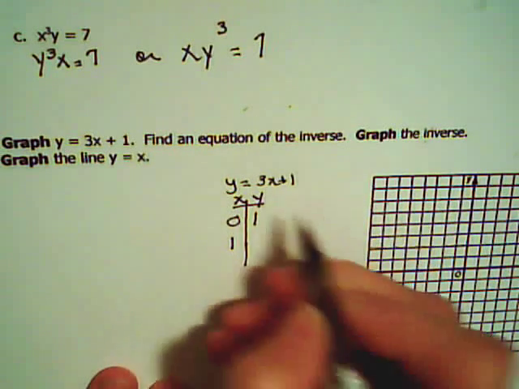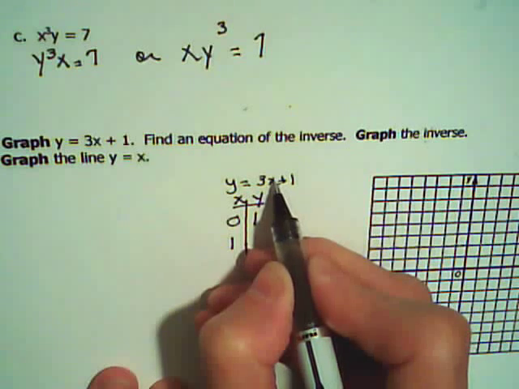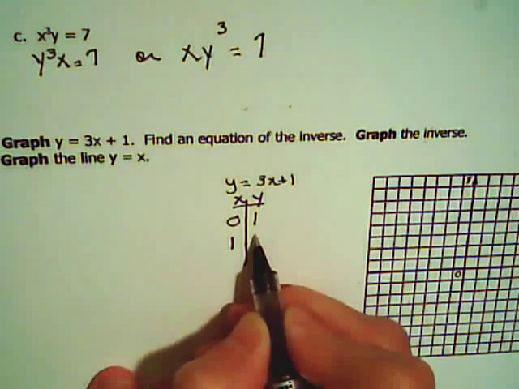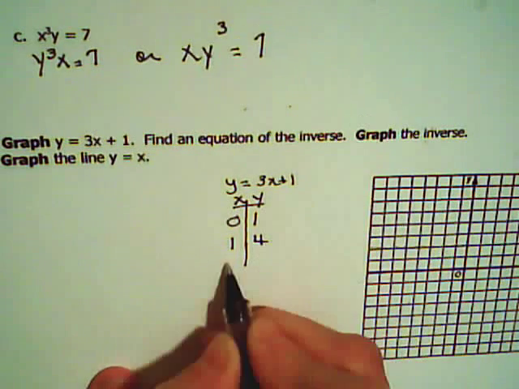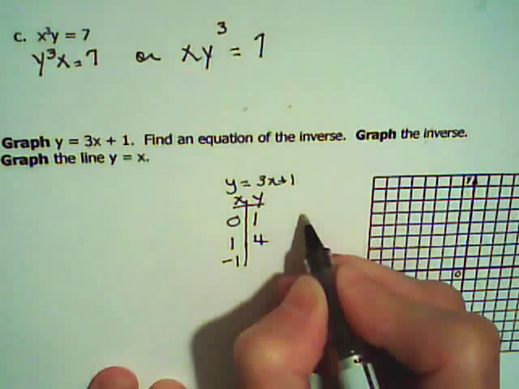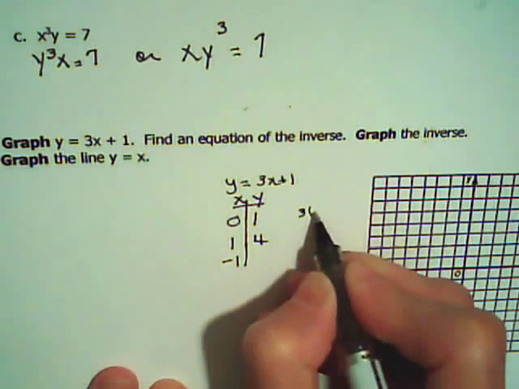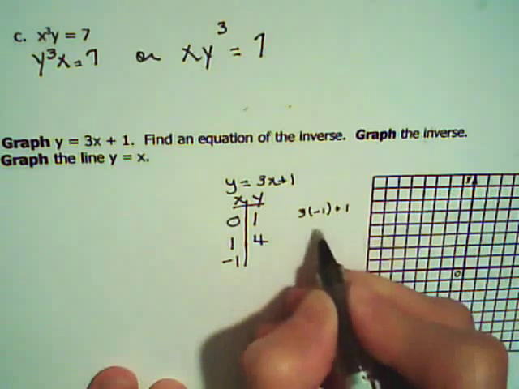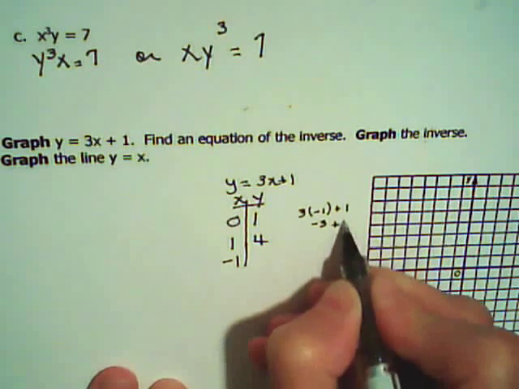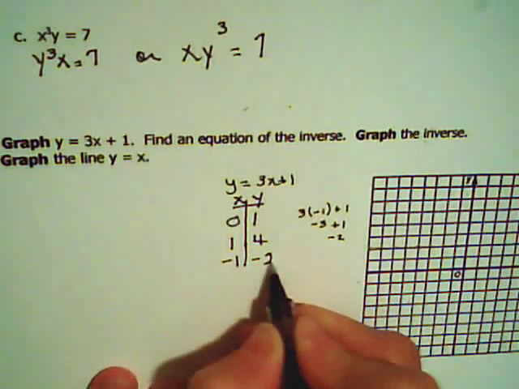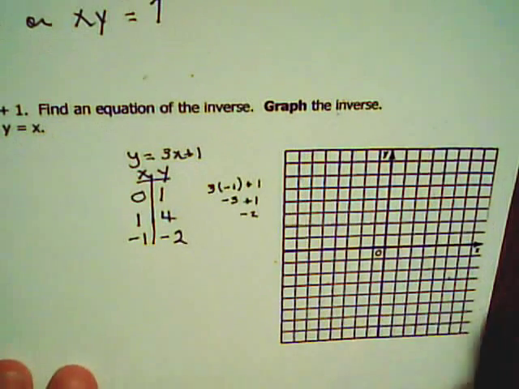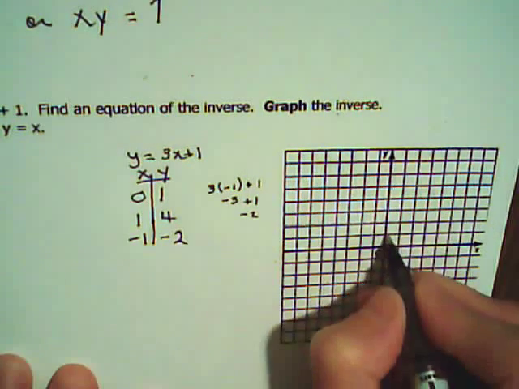Let's try 1 for x. 3 times 1 is 3 plus 1 would be 4 for y. Now let's put in a negative number. That's going to give us 3 times -1 plus 1, or -3 plus 1, or -2, which is going to be y. Now we're going to go over to our graph and we're going to find these points.